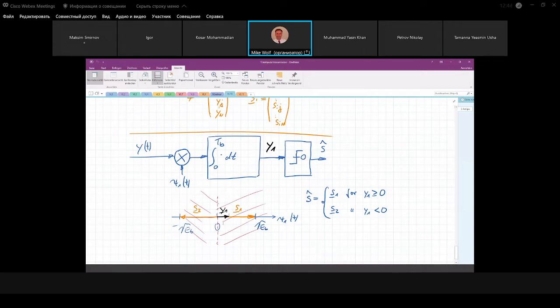Then you would have one vector which is just 0, the other vector which is just square root of 2EB. So the average energy per bit would be EB. This means that if you transmit a 1, you have twice the energy of the average bit, about zeros and ones.